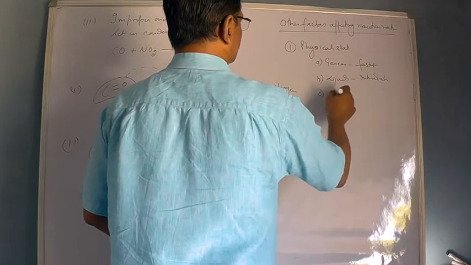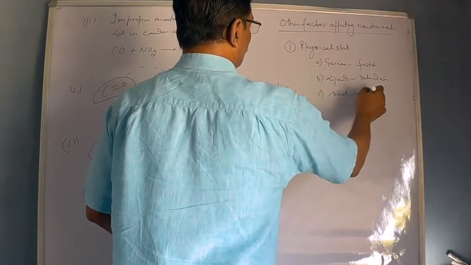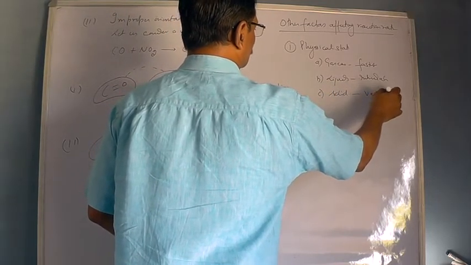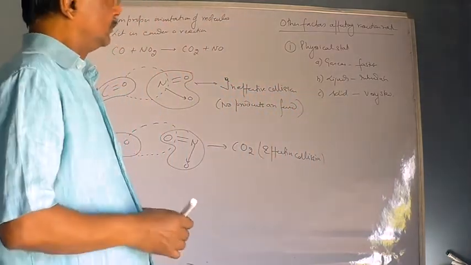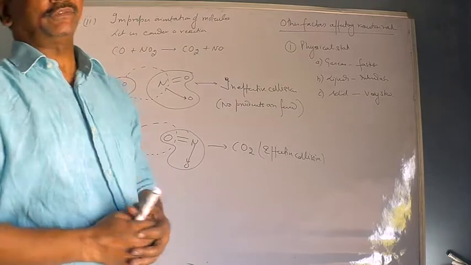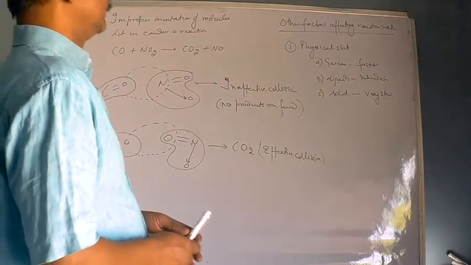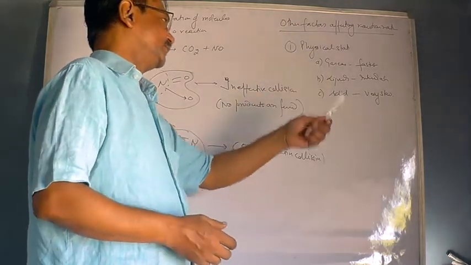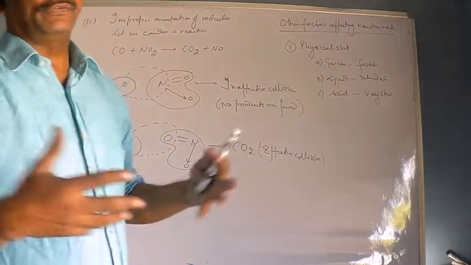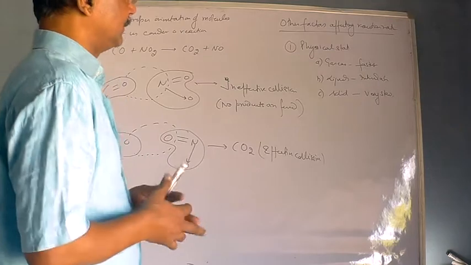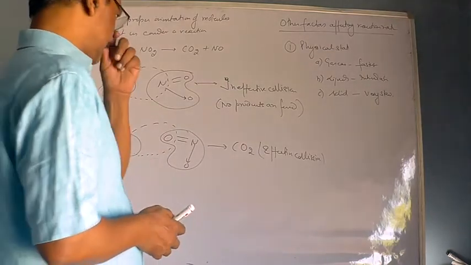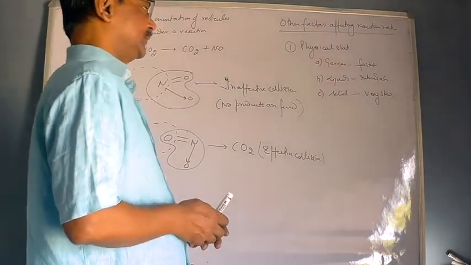And solid, very slow. So, reaction rate depends upon physical state of reactants also. If the reactants are gases, the reaction is going to be very fast because free intermixing of the reactants is possible, and if free intermixing is possible, then definitely the reaction is going to travel at a very fast rate.